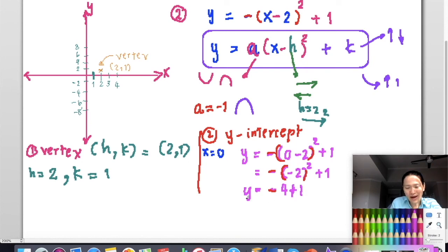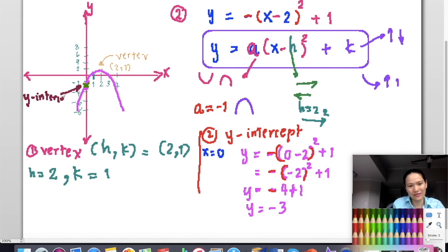So our y equals negative 3. Negative 3 is here. So our graph is similar to this, and our y-intercept is here, at y equals negative 3.